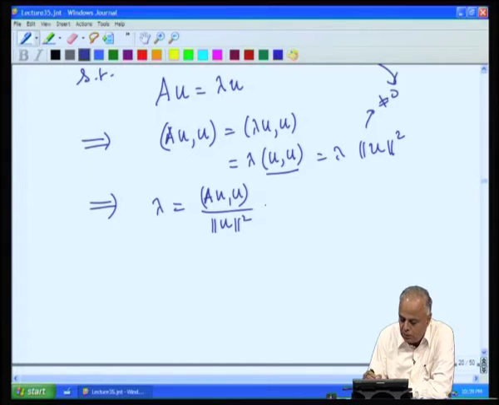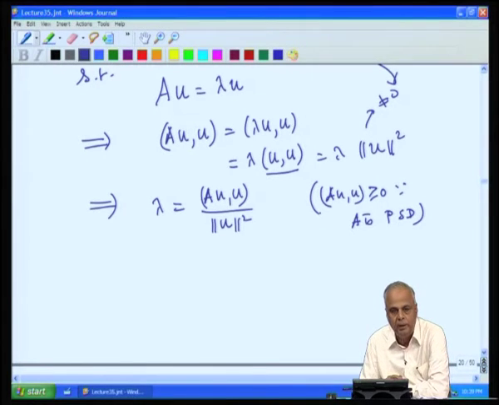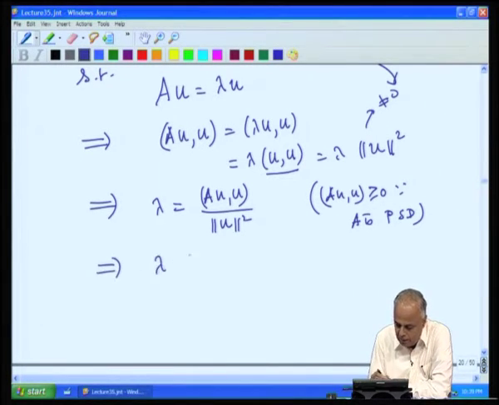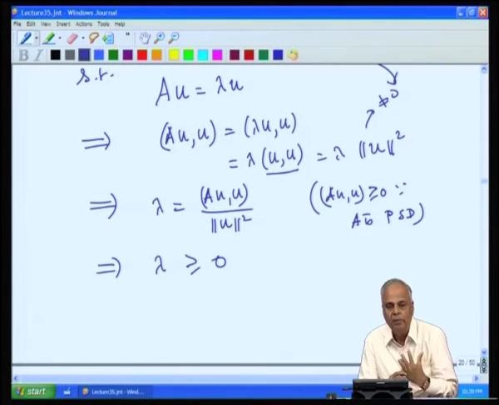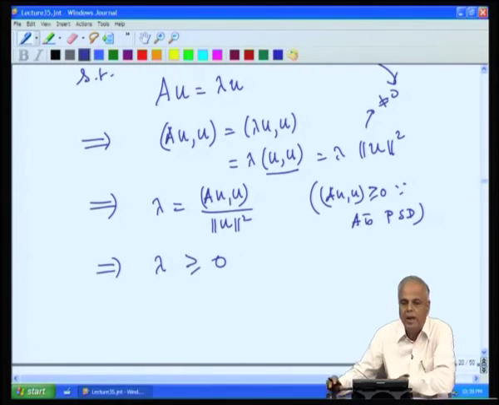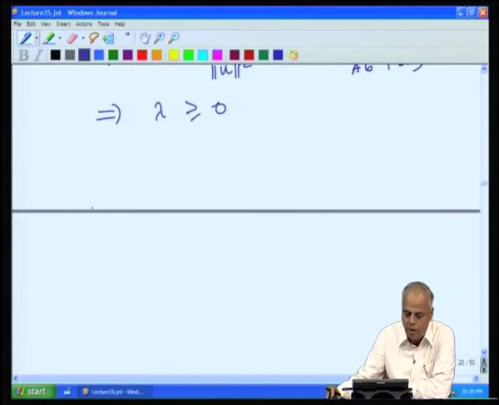Since A is positive semi definite, the numerator is greater than or equal to 0, and the denominator is automatically greater than or equal to 0 because it is a length squared. So, it is a ratio of two non-negative quantities, which says that lambda should also be greater than or equal to 0. Therefore, in addition to being real, the eigenvalue cannot be negative; it is either 0 or positive.